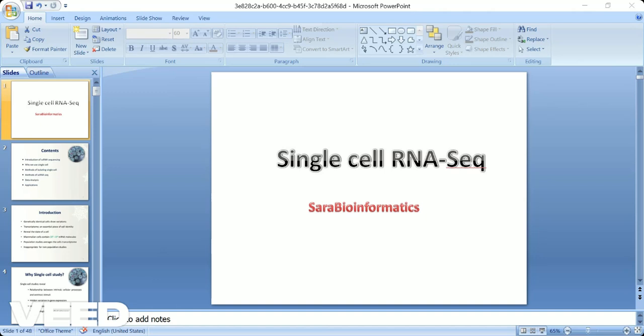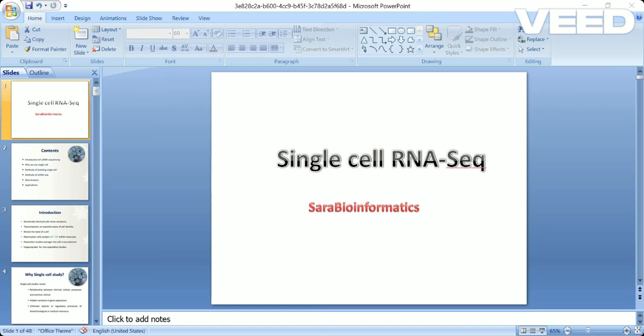Methods of scRNA-seq. Once we have isolated the single cells, there are several methods to perform scRNA-seq. First, Smart-seq, which gives full-length transcript information but is lower throughput. Second, Drop-seq, an early droplet-based method.